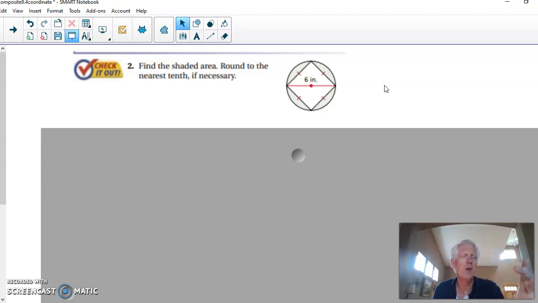Make a circle with a diameter of 6, and a square inscribed in the middle. And find the area that's left over. I want you to try that and then click on video 2, part 2, and we'll go through that and see how well you did. It's a great little problem. So that's part 1, and Jack in the Box is the clue. So draw that out, and then we'll watch part 2.